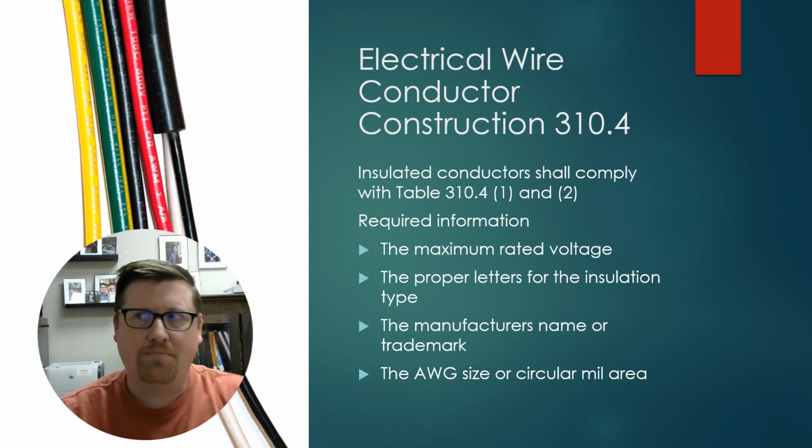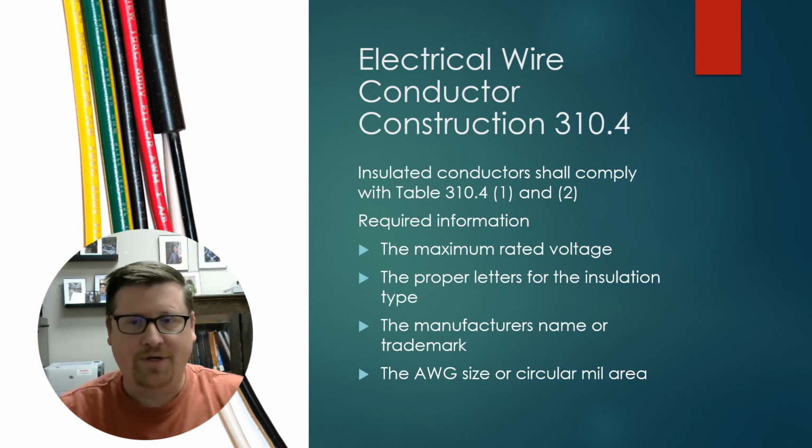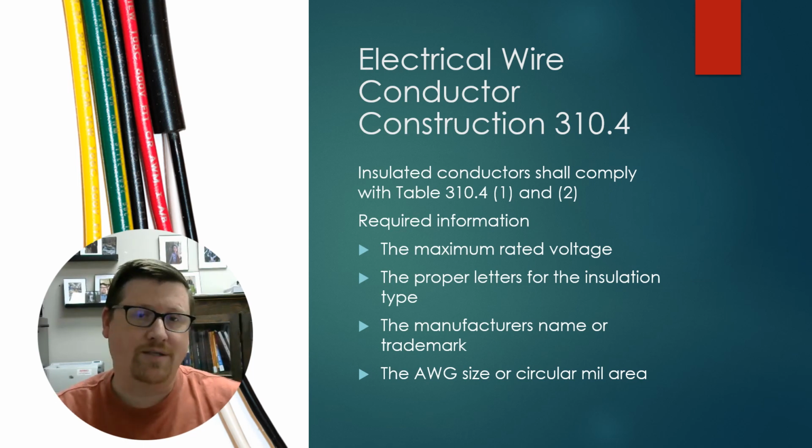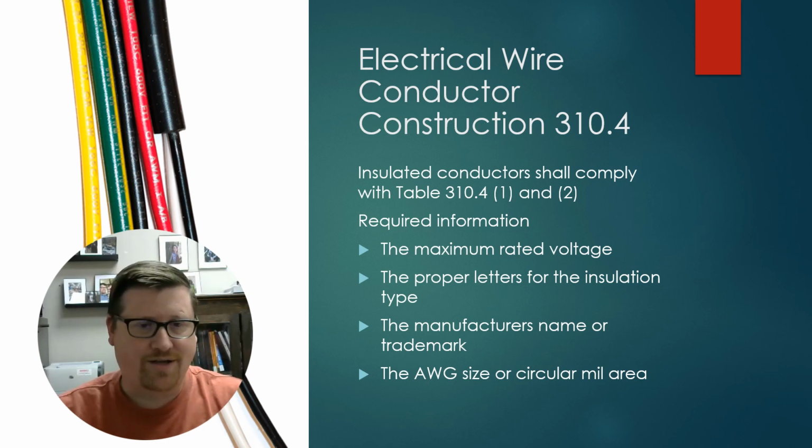We want that wire to be insulated well enough to protect it from short circuit, and based on the temperature of the situation it's going to be in, and how much amperage is running through it, there are a lot of options for how we can size or choose that insulation. 310.4 1 and 2 has a couple of tables that talk about the specific insulation types for each wire type, right?